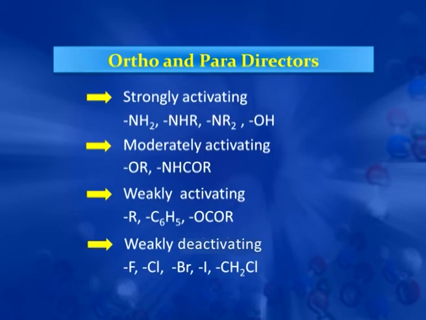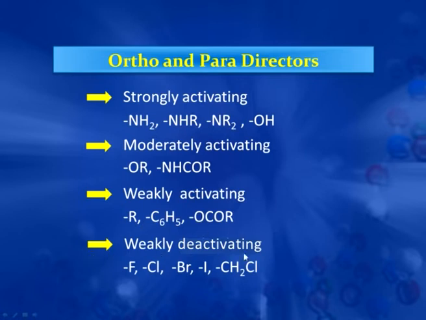So, we can summarize the ortho and para directors in 4 categories. We have strongly activating groups like NH2, NHR, dialkyl amino and the hydroxy group. The moderately activating groups include the alkoxy group and the NHCOR group. The weakly activating groups include alkyl, phenyl and ester groups.